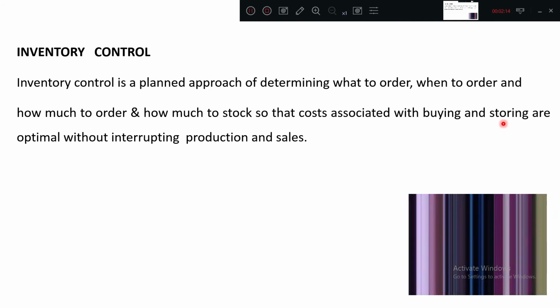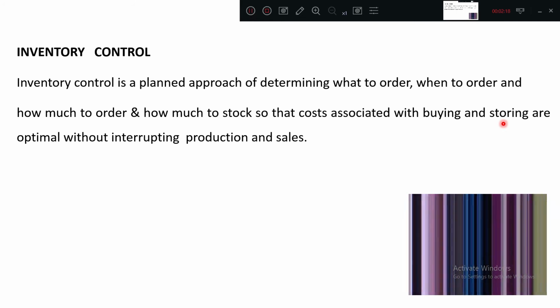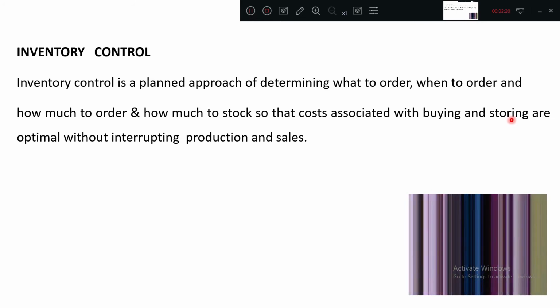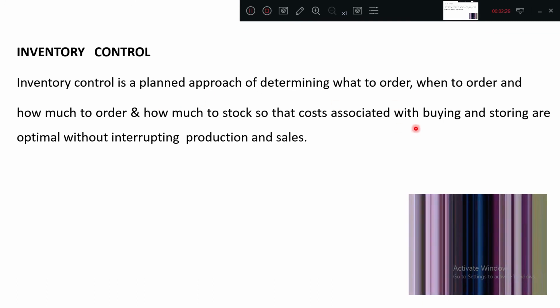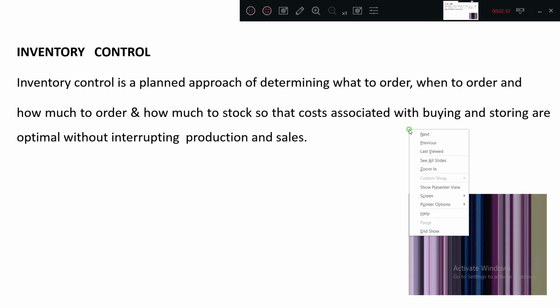Storing means what? It will require space, it will require electricity. Okay, it will require a security person, so those costs are also kept minimal. So inventory control is a planned approach to do what? To do these many things: how, when, what to order, as well as how much to stock. Okay, so the costs are kept minimal.